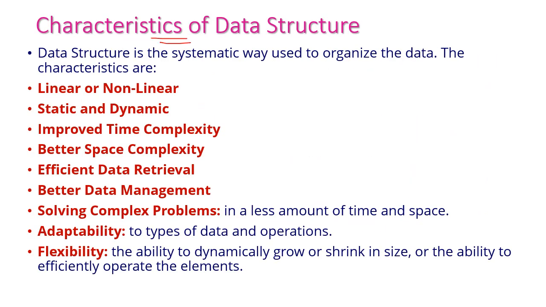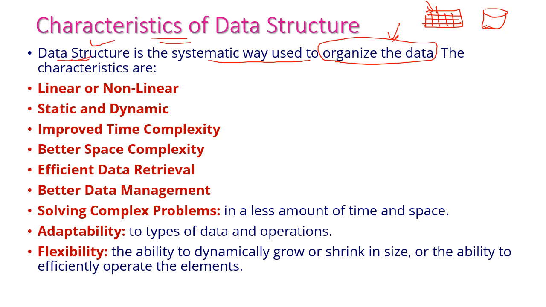And now let us see the characteristics of data structures. We already know that a data structure is a systematic way used to organize data. The data may be stored in a table structure or in a data store. In what way or in which system we are going to arrange that data in the data store is called the data structure. For that, some characteristics are very important.